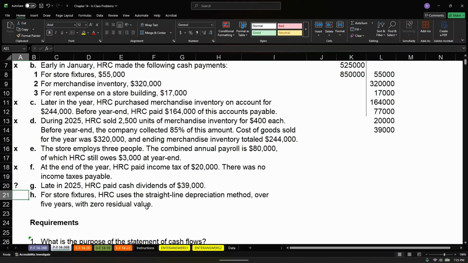So for store fixtures, HRC uses straight line depreciation method over 5 years with 0 residual value. So how should I calculate the depreciation expense? Since it's straight line, I take the cost basis minus the residual value, which is 0, divided by 5 years. So it's $11,000 per year.